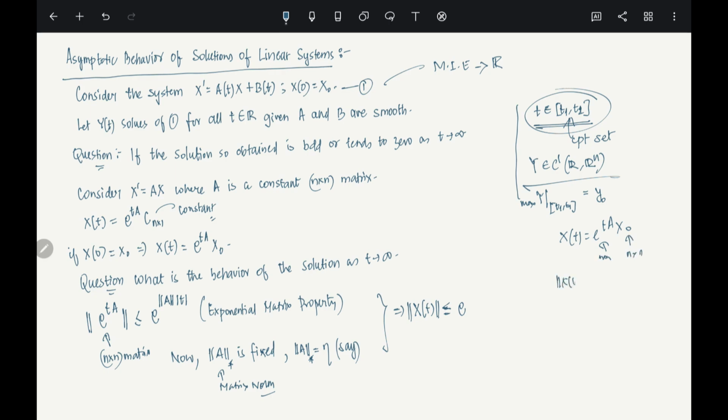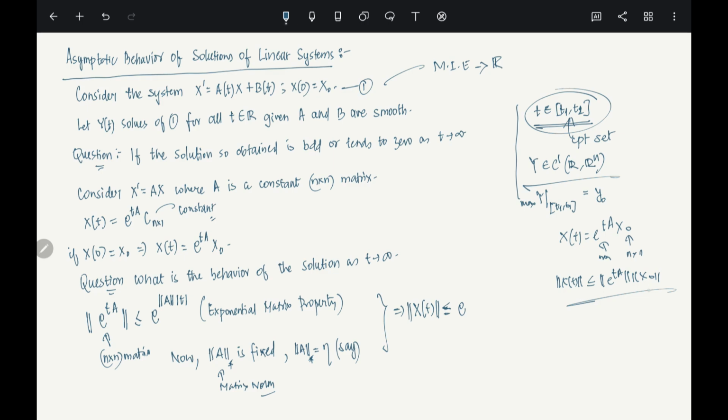So norm of x(t) is always dominated by norm of e^{tA} times norm of x naught. We proved this, it is basically kind of Cauchy-Schwarz. When we looked at the properties of matrices, we looked at this problem. It is very easy to prove, so please do it yourself if you are not convinced. We did it in one of the videos when we talked about the exponential.